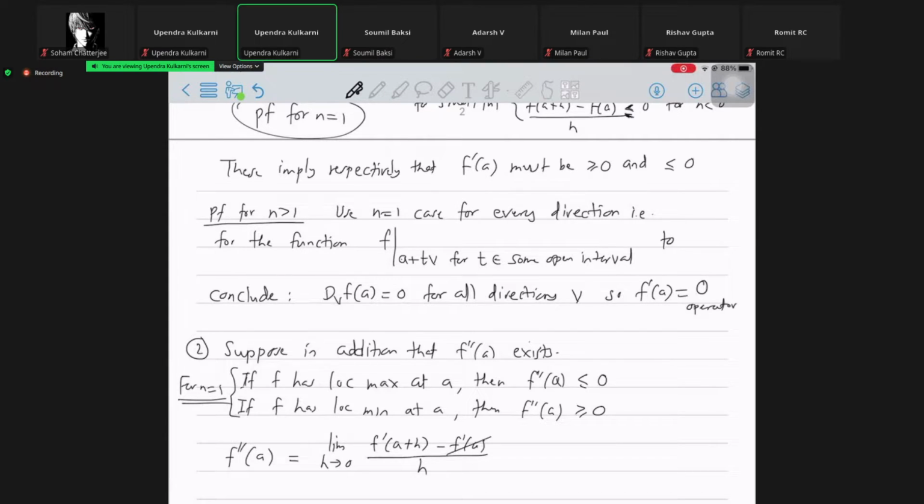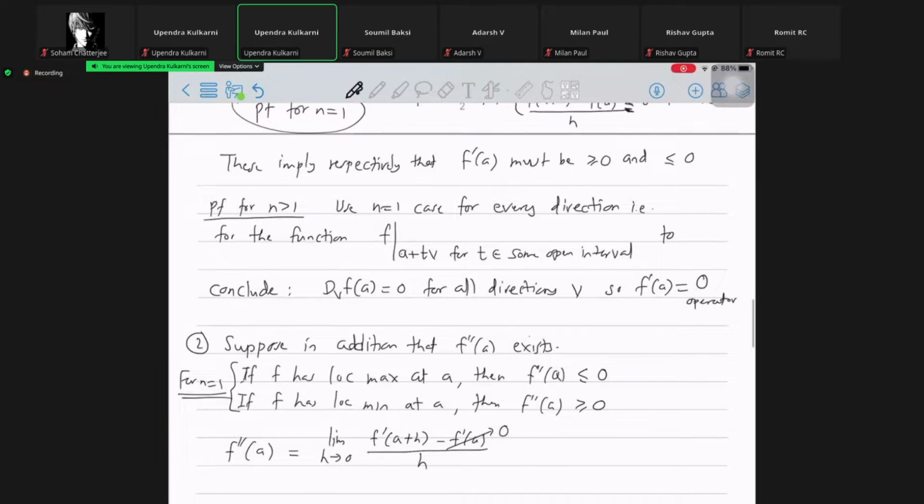But f dash of A is just 0 because I'm operating at a critical point. Remember, we already said that since I was given a local maximum or minimum, the first derivative exists and we proved that it is 0. So this is gone, and we have f prime of A plus h divided by h, limit as h approaches 0.